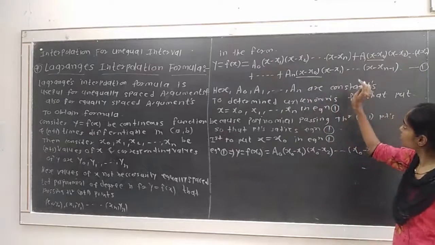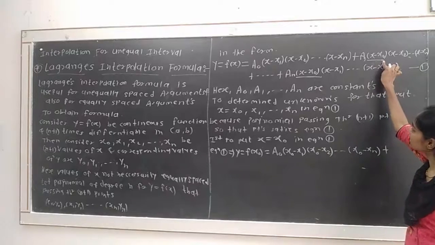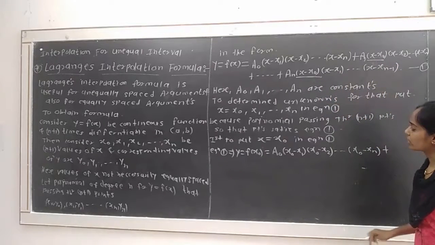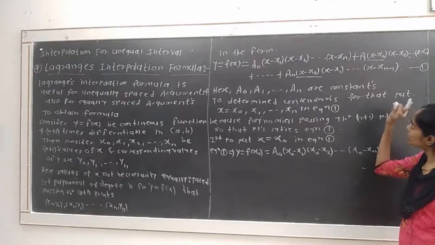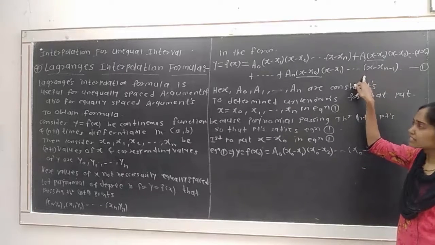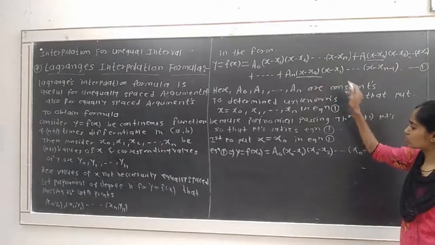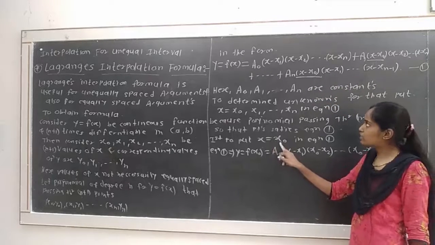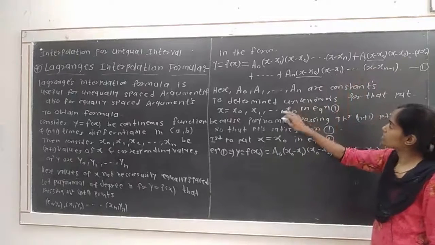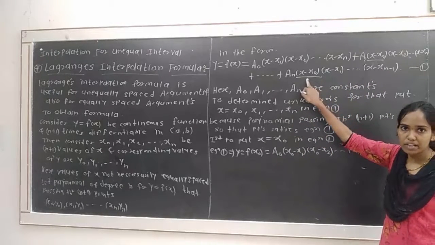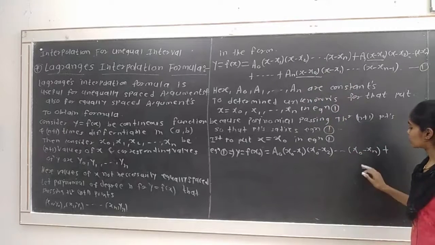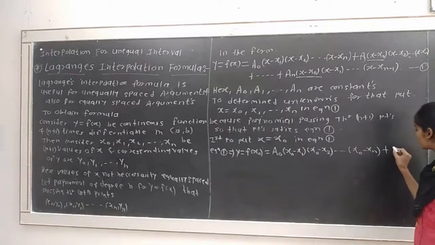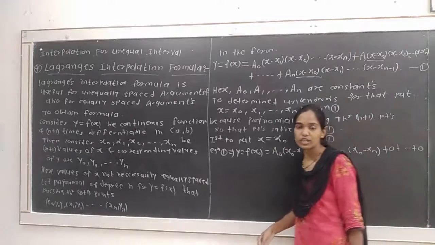In all these terms the factor x minus x0 appears. After the first term, all the terms up to the n plus 1 term contain the factor x minus x0. So if we put x is equal to x0 in all the remaining terms, then these factors become 0. So we write plus 0 up to plus 0.